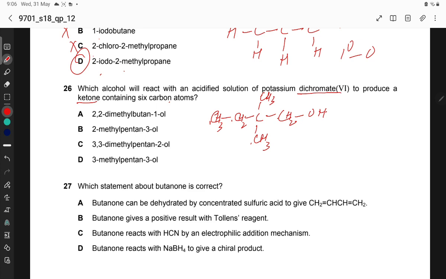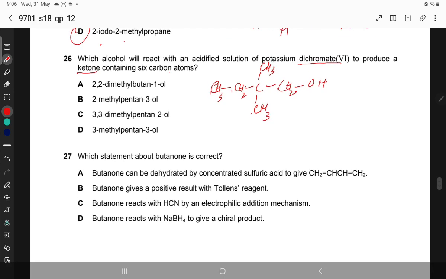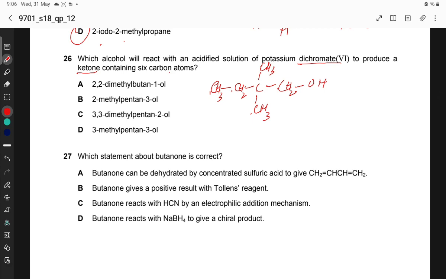Ketone containing 6 carbon atoms. So this is a primary alcohol, so a ketone does not form. Ketone is formed by a secondary alcohol. So this is incorrect.